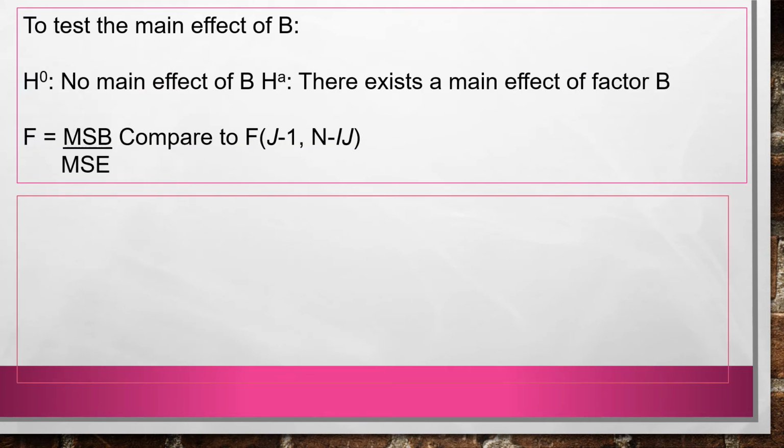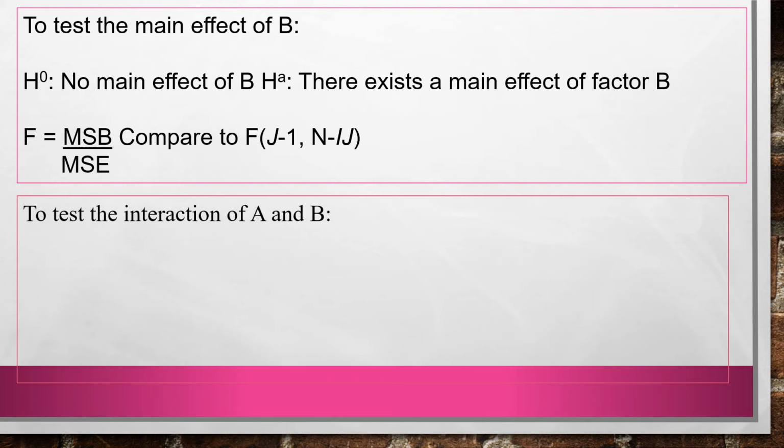To test the main effect of B: no main effect of B, there exists a main effect of factor B. So F is equal to MSB over MSE compared to F with the quantity of J minus 1 and N minus IJ.